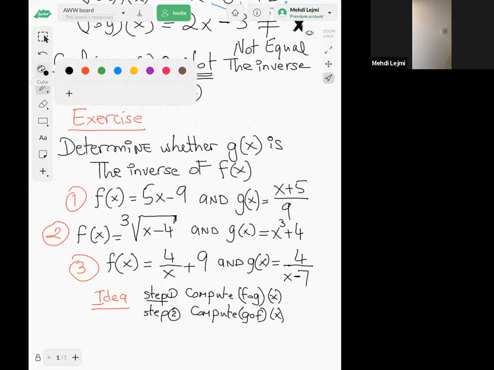Just to remind you, the third root means power 1/3.